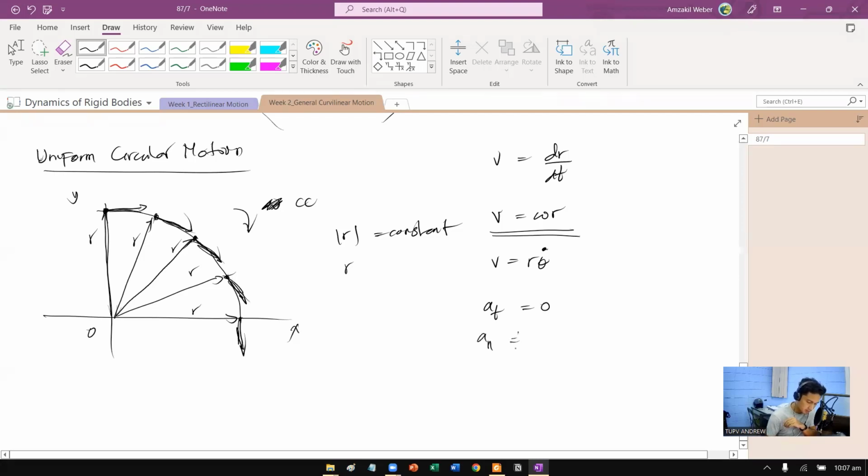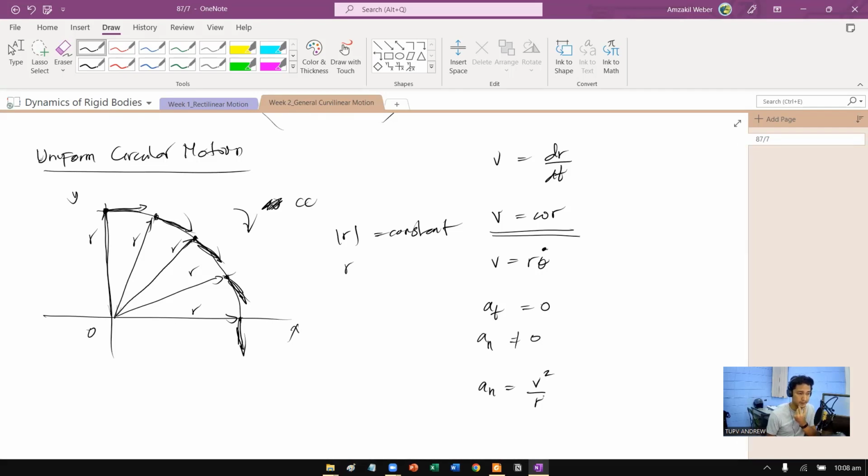But our normal acceleration is not zero. By definition, the normal acceleration, which is the velocity squared over r, in uniform circular motion is equal to v squared over r.